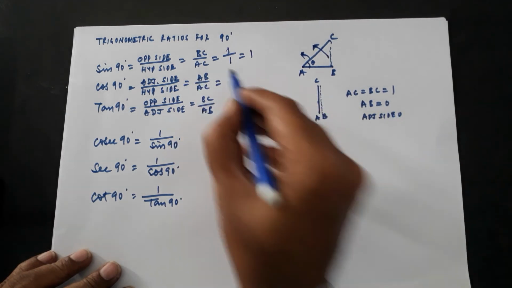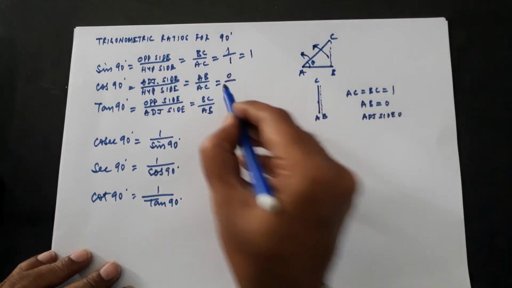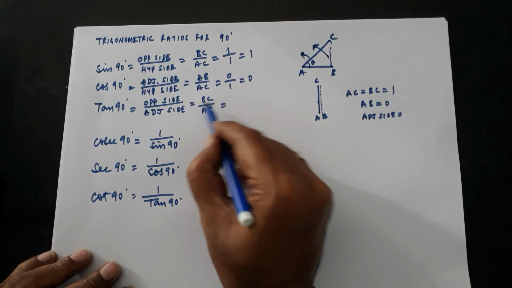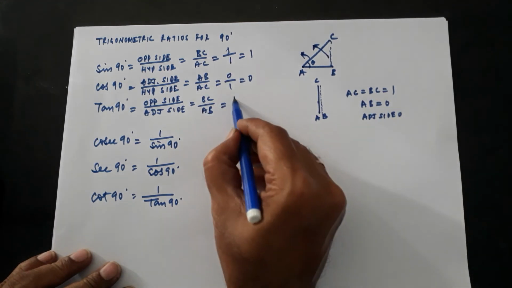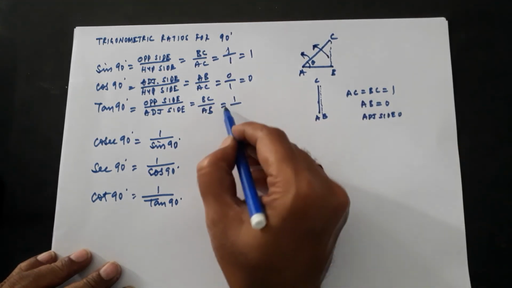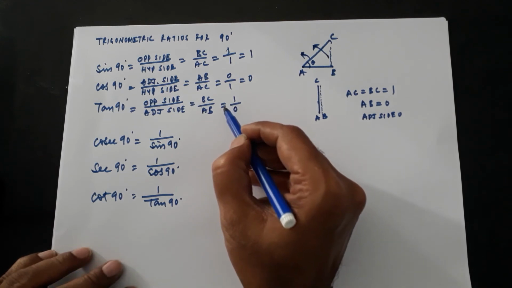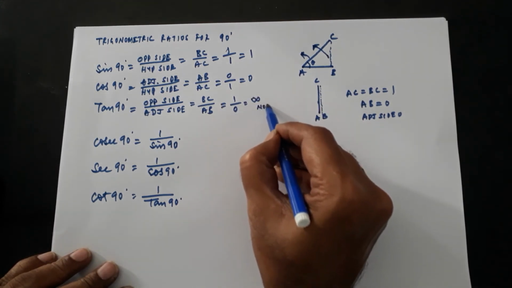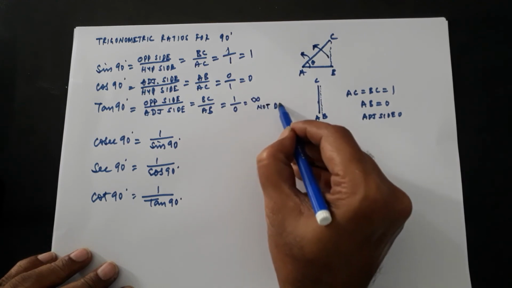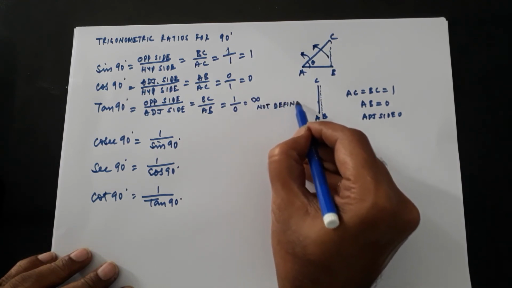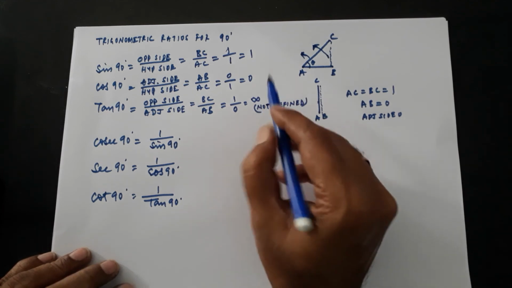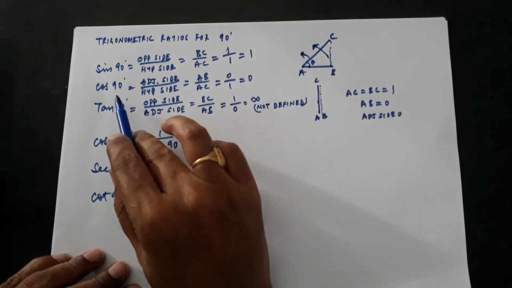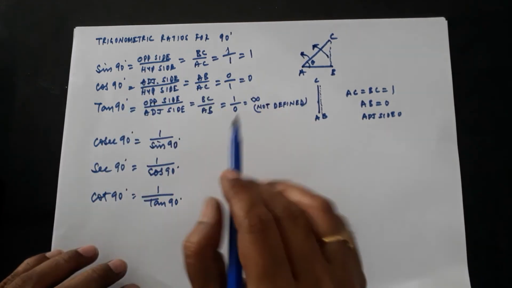AB is 0, AC is 1, so this is 0. BC is 1, AB is 0, so 1 by 0 is again infinity, which is not defined. So we got sin 90 is 1, cos 90 is 0, tan 90 is not defined.